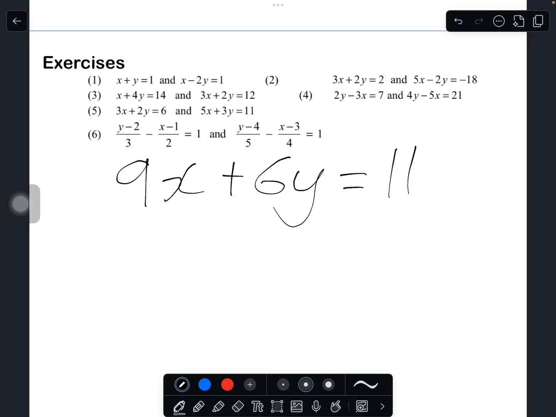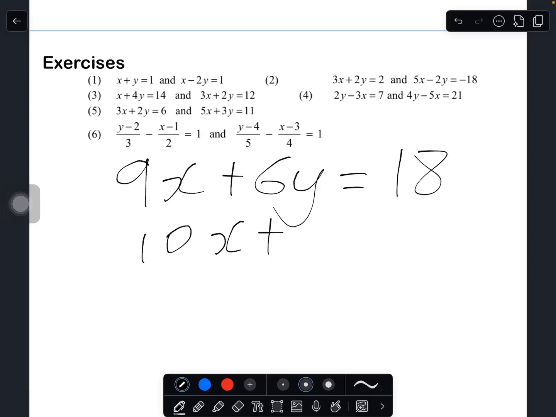And the lowest common multiple for the 3y will still be 6y. What do I have to multiply it by? 2. So every term I'm going to multiply by 2, and I'll get 10x plus 6y, I multiply all of those by 3, so this is actually going to be 18.